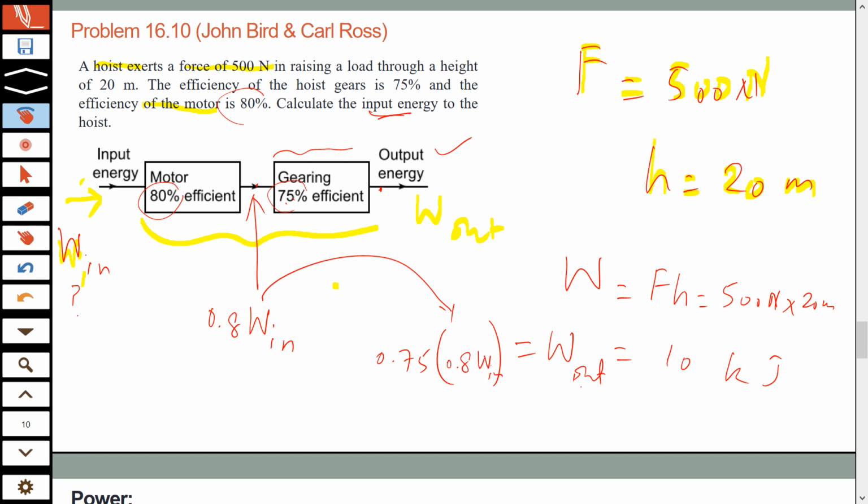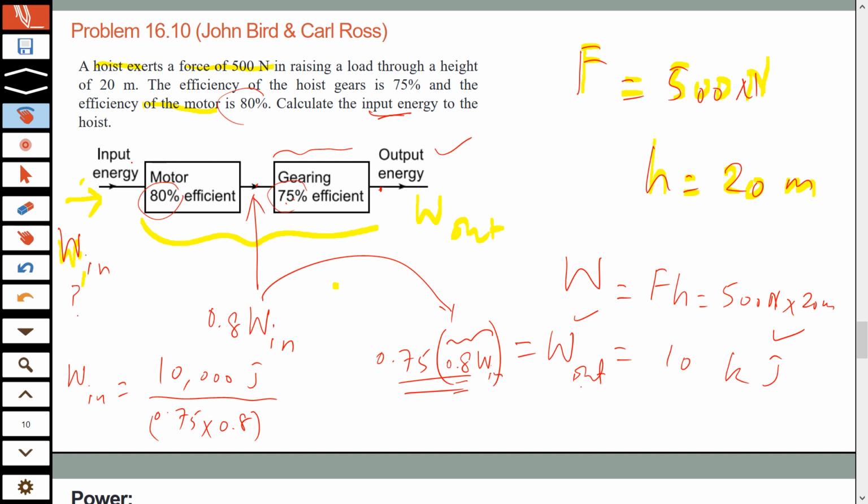You started with input energy, 80% of it was available to the gear, and 75% of this reduced energy is now available to the output. The output we know is 10 kilojoules. So Win, the input energy, will be 10 kilojoules or 10,000 joules divided by this product, 0.75 times 0.8.